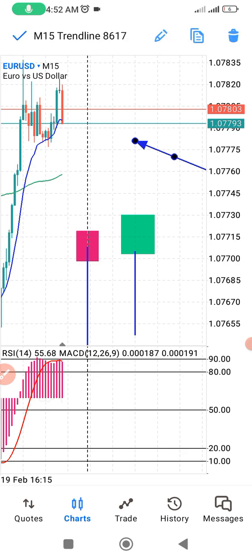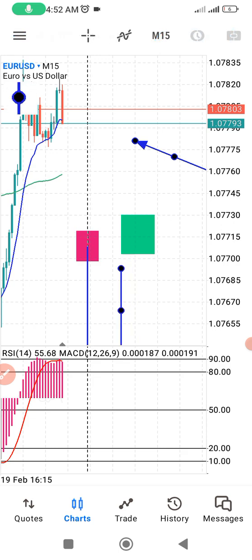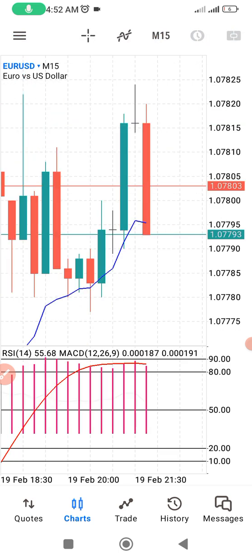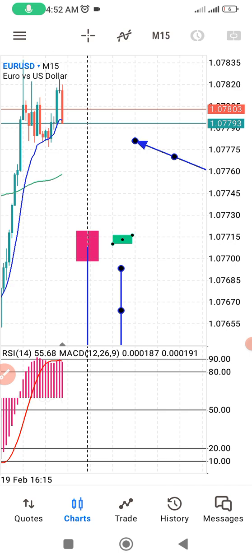When you find the 2 of them side by side, it's a more confirmed entry. So that is it.